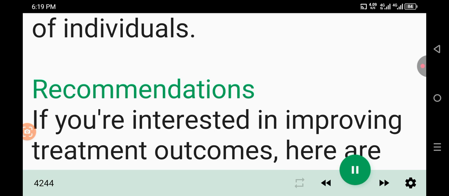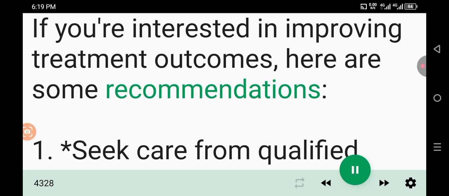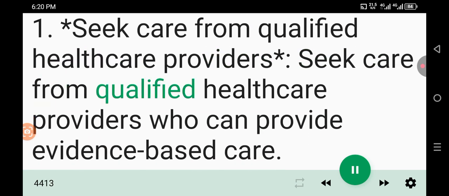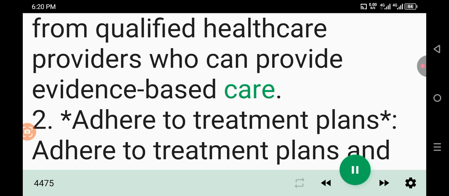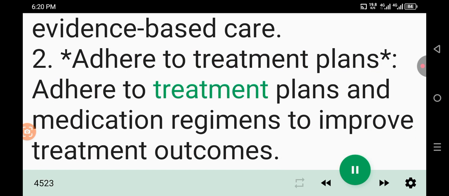Recommendations. If you're interested in improving treatment outcomes, here are some recommendations. 1. Seek care from qualified healthcare providers. Seek care from qualified healthcare providers who can provide evidence-based care. 2. Adhere to treatment plans.